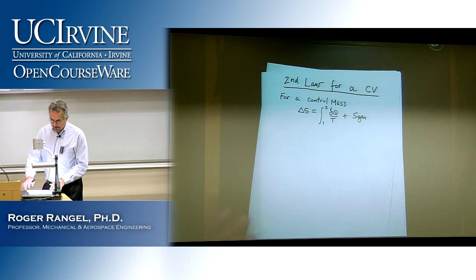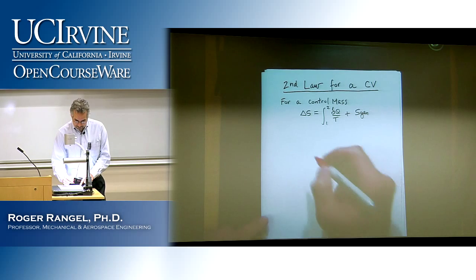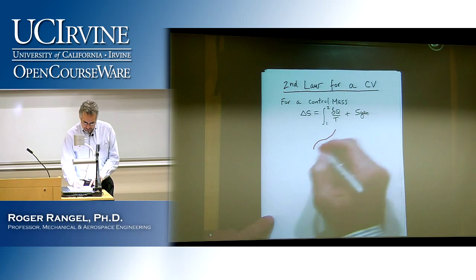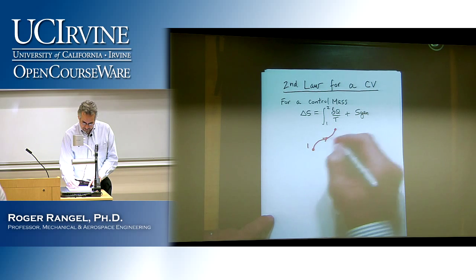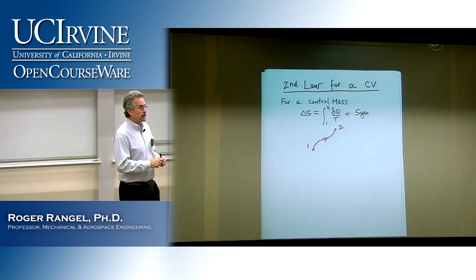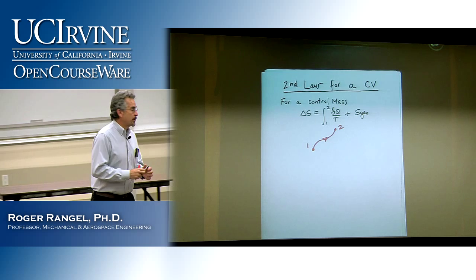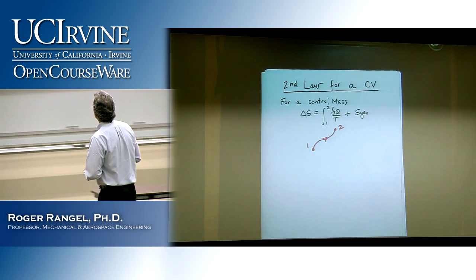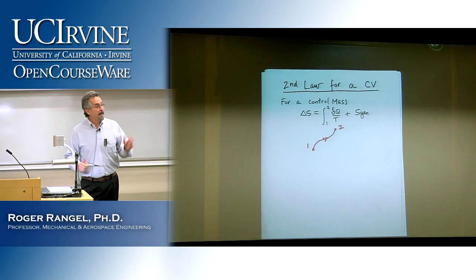It essentially tells you what the change in entropy is if you have a system that undergoes a process from an initial state 1 to a final state 2, then that equation would apply if you want to calculate, for example, the entropy change, delta S, for that control mass, for that system.